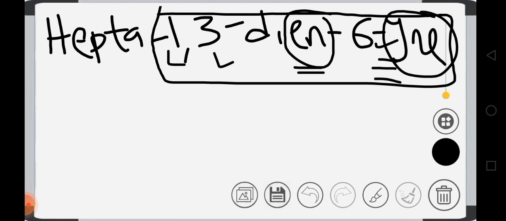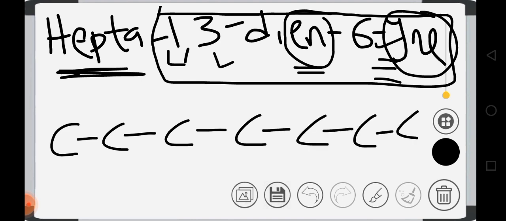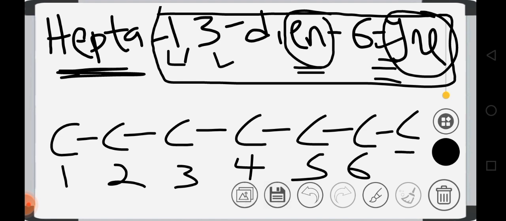So we are going to draw 7 carbon atoms for hepta: 1, 2, 3, 4, 5, 6, 7. Then we'll count 1, 2, 3, 4, 5, 6, 7.